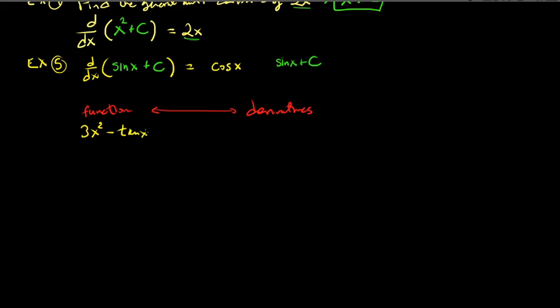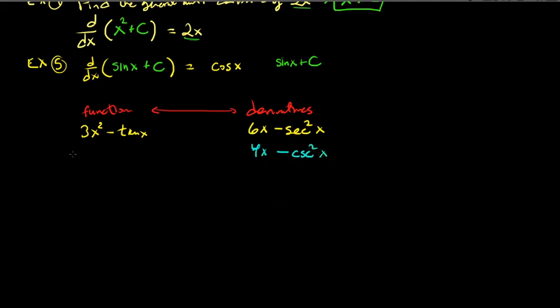And from there, you can take its derivative. The derivative would be 6x minus secant squared of x. But now we're going backwards. Suppose we know that the derivative of some function is, well, let's do 4x minus cosecant x.